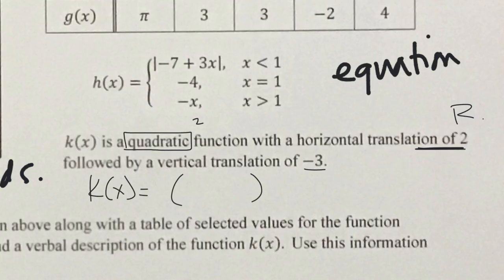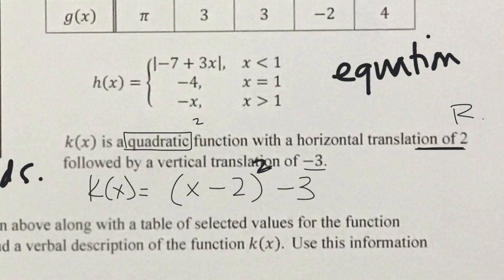With parentheses, right? Any type of horizontal translation gets parentheses. And if it was moved right, that means I have a minus in parentheses. So x minus 2 is squared because it's a quadratic. And then my vertical translation is a minus 3.